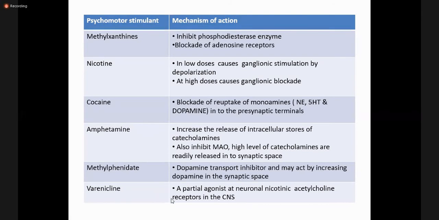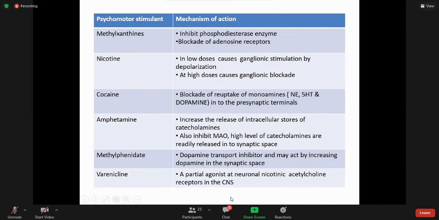Can anyone recall the example of that drug? Okay, there is a reply: theophylline, right?